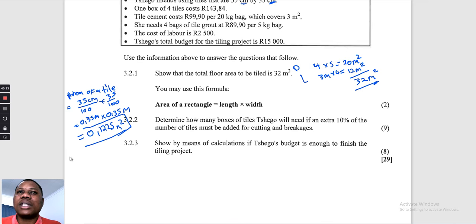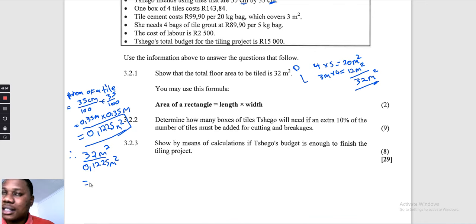So we will therefore say 32. We want to see how many of these tile areas can fit in the total area to be tiled. How many times can one tile fit in this area? So it's 0.1225 meters squared. 32 divided by 0.1225.